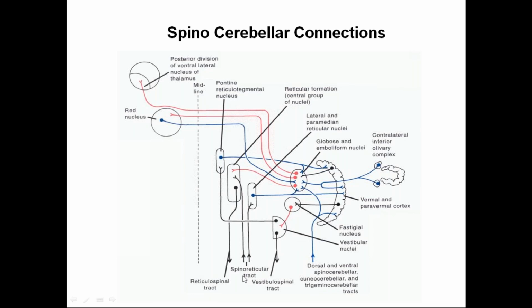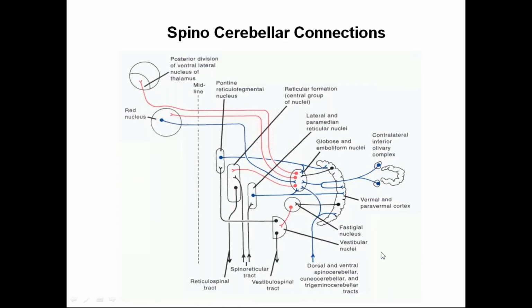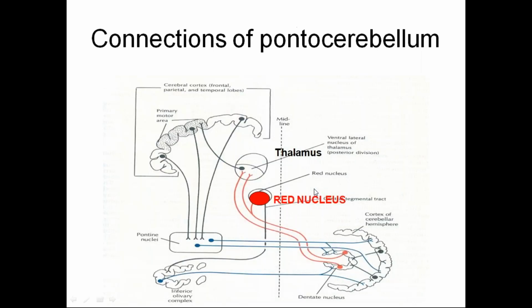The reticular formation which is there also influences it. So these pathways would be influencing the corticopontine fibers, which will be forming the spinocerebellar pathways, which will be the cerebellospinal pathways.